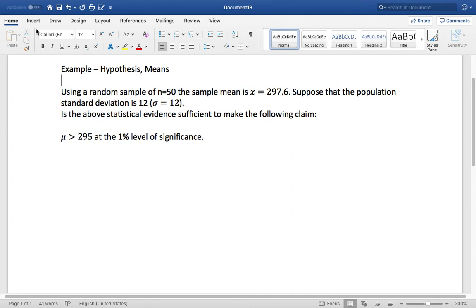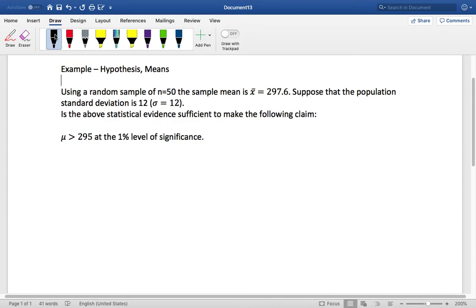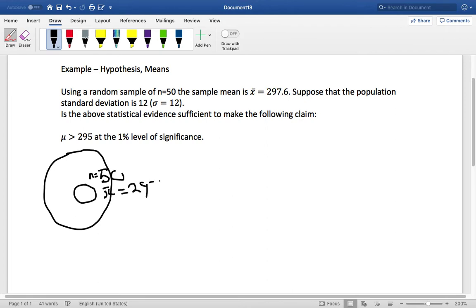So let's look at the information we're given here. We've got the population. We know that the sample size is 50. And we're told that the mean of that sample, x bar, is 297.6.